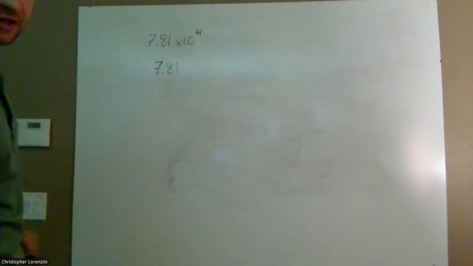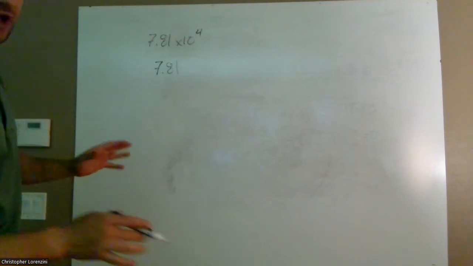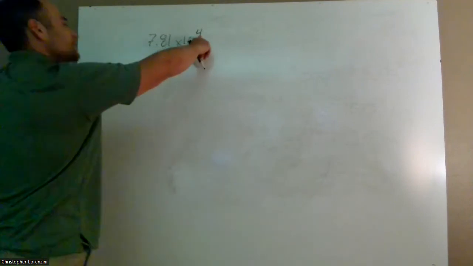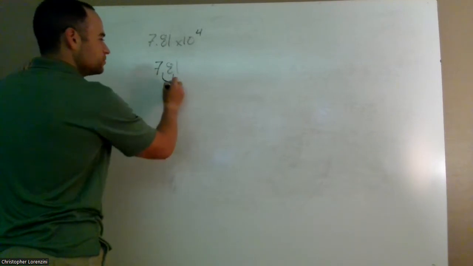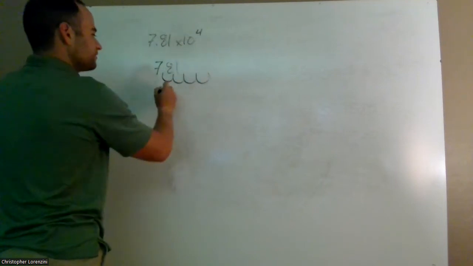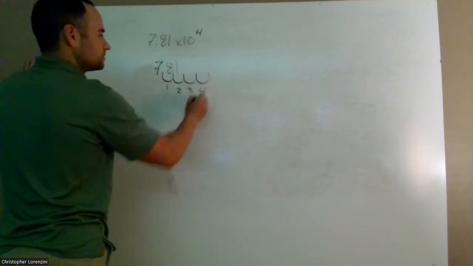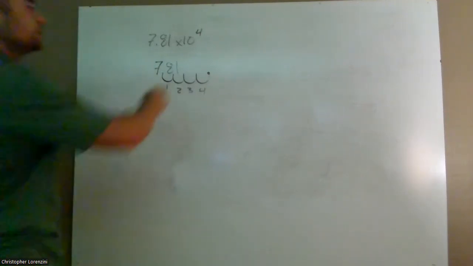Now, remember, the positive exponent told me that the number was greater than 1 in magnitude. That can help us out when we're doing this. But if my exponent is positive right here, what I want to do is take my decimal place where it is and move it to the right. I'm going to move it to the right 4 units. And this is where the decimal is going to go now.